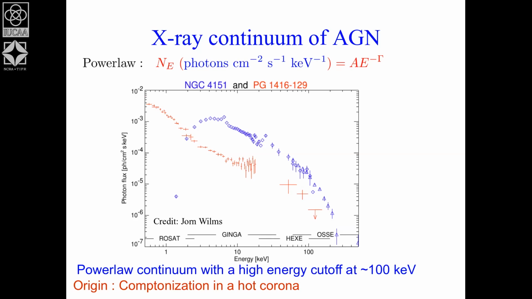Otherwise, the X-ray spectrum is essentially dominated by a power law, which we can write like this. N(E) is our photon flux plotted in the y-axis, and the power law is A E to the power minus gamma, and this gamma is now called the photon index rather than the spectral index, because we are measuring the photon spectrum here. So E to the power minus gamma, gamma is the photon index, and A, of course, is some normalizing factor.